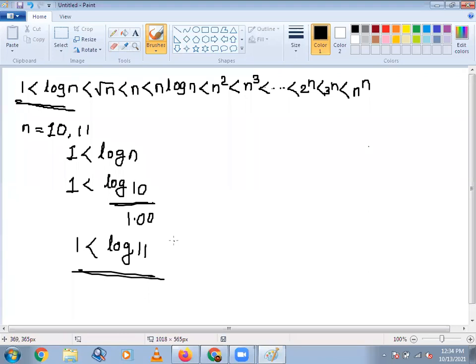Okay. So suppose we take n is equal to 10, we'll check for all.